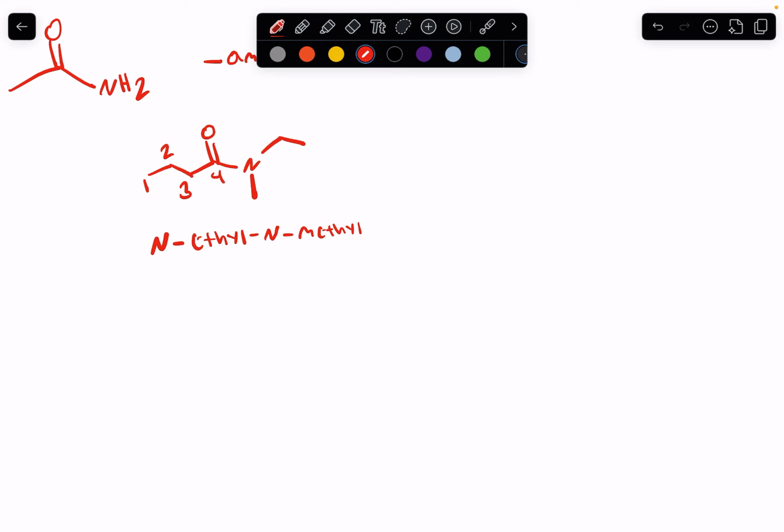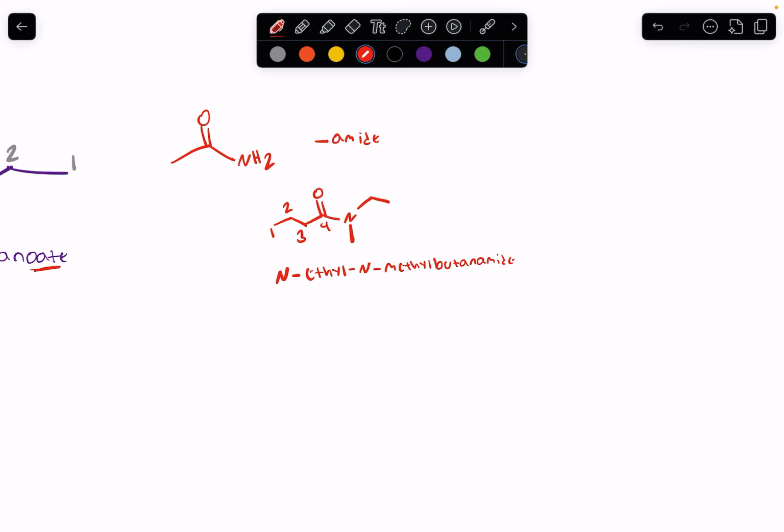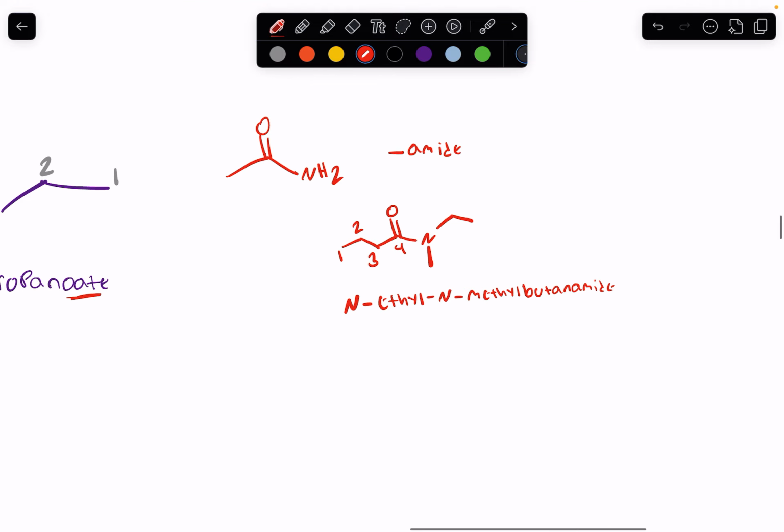That gives you but, because butane. But again, like we said earlier, at the end of an amide group, luckily, the suffix is just amide. So butamide. Awesome. So that's pretty much all you need to know for amides. Let me show you one example, the example Kaplan gave you.